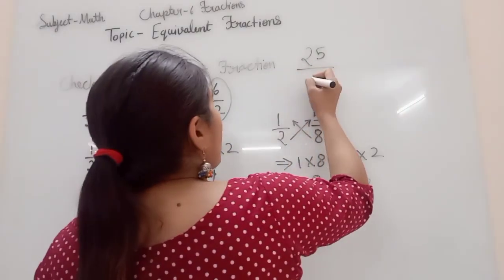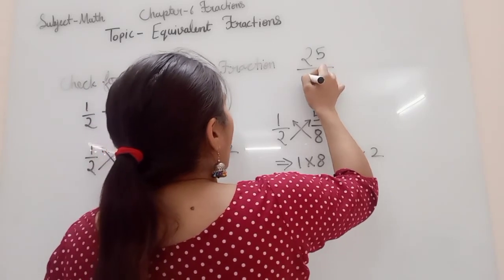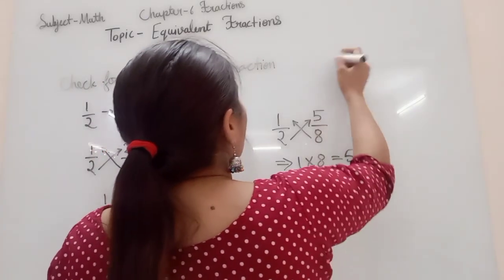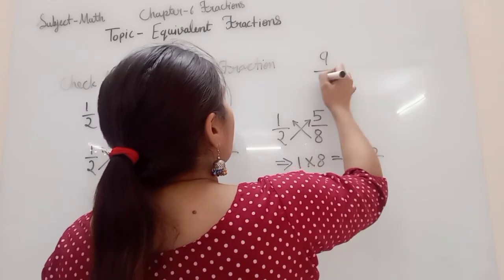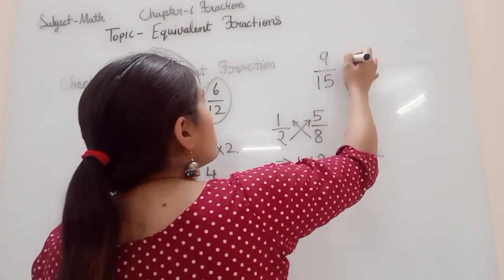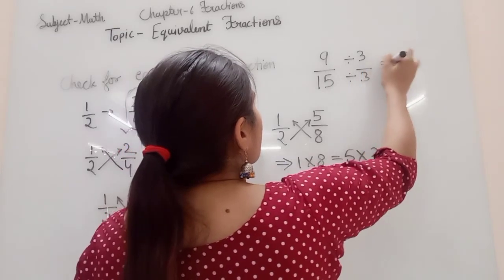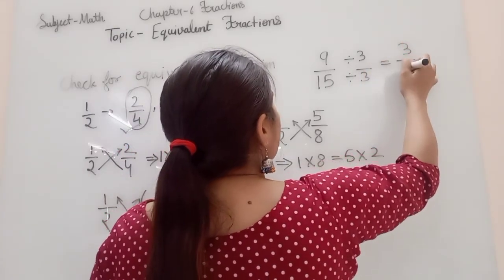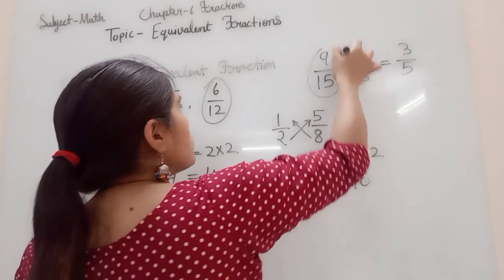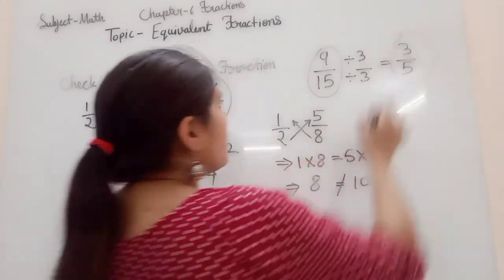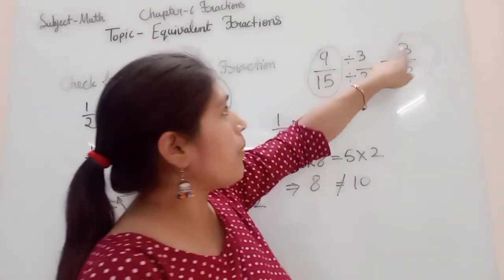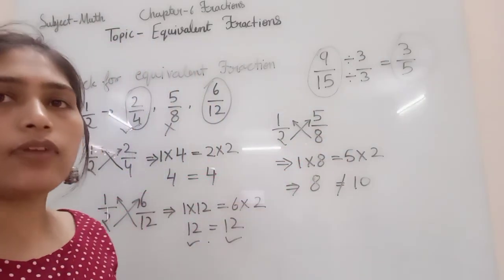Let's take a simple number, 9 by 15. If I divide by 3 and by 3, 3 3s are 9, 3 5s are 15. So 9 by 15 and 3 by 5 are also equivalent fractions.